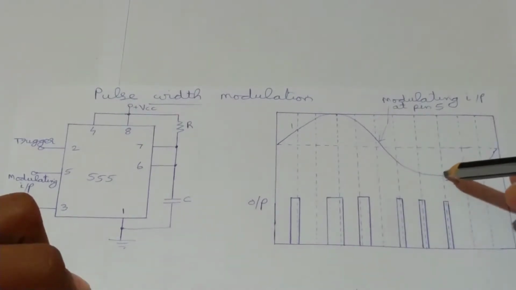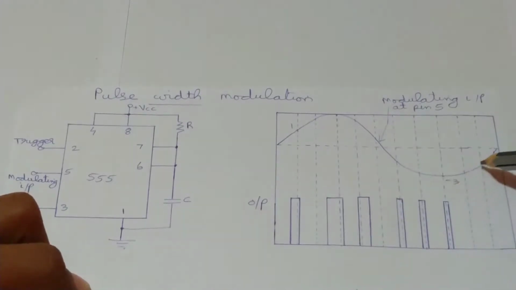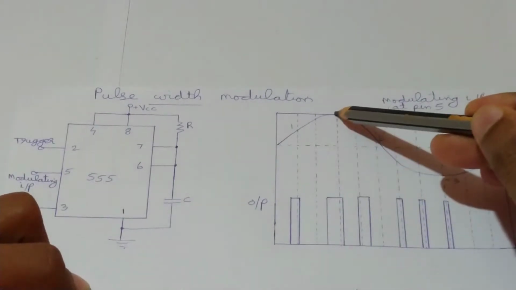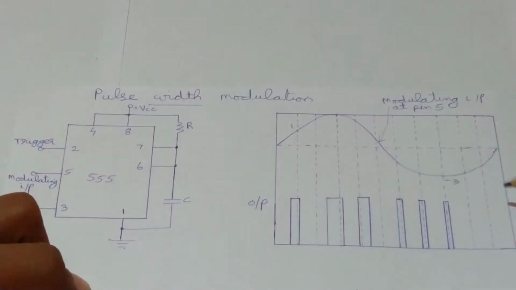Hence we will get the minimum width at this point, and after this point we can see the amplitude is increasing, and hence the width of the output pulse goes on increasing, and when the next positive peak comes, the amplitude will be at its maximum point, and that process will continue.